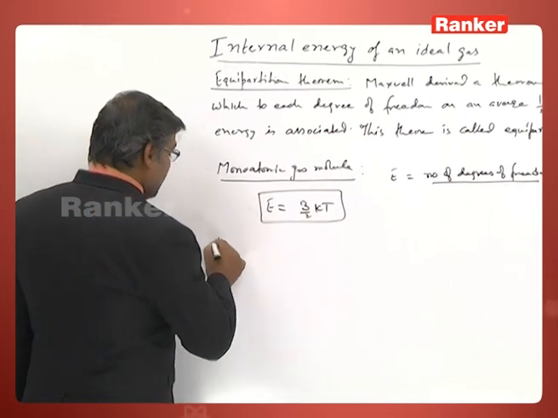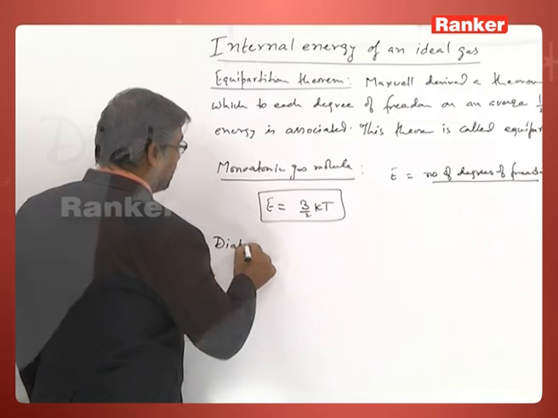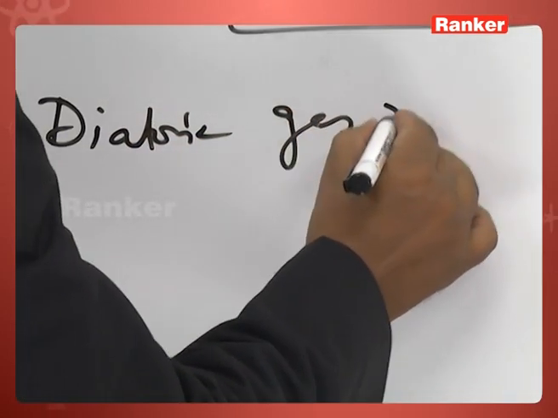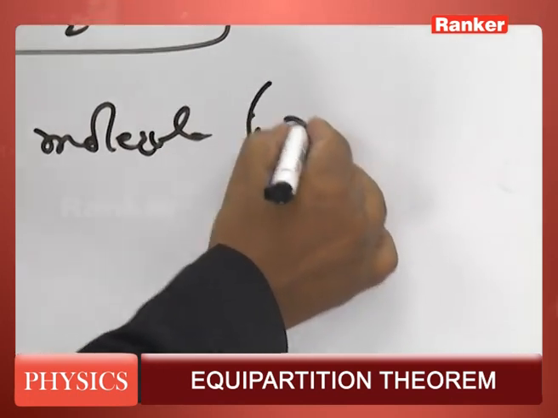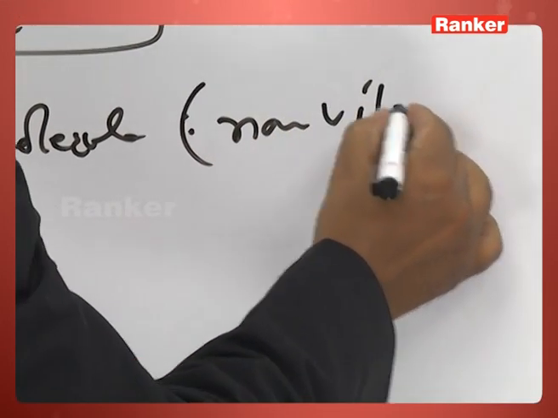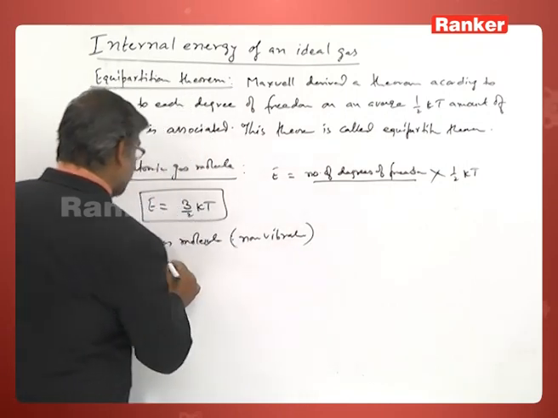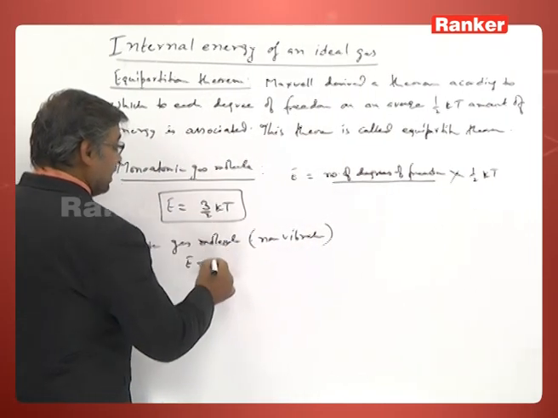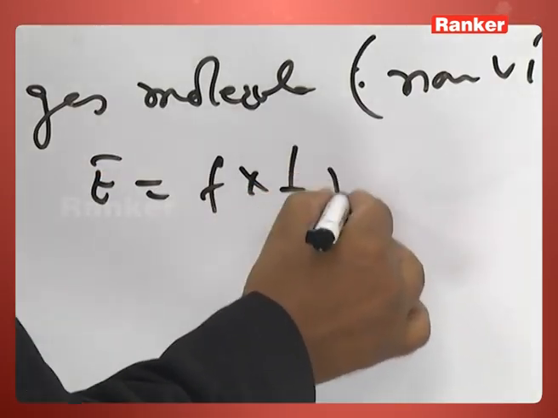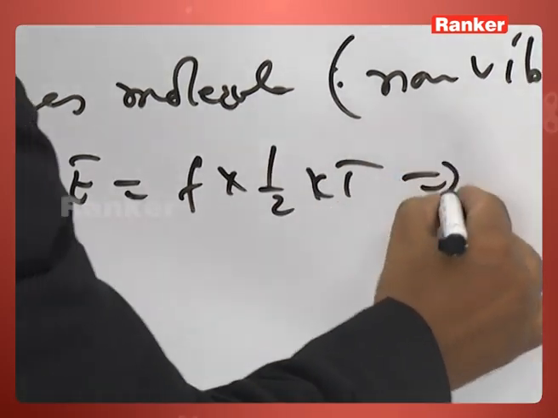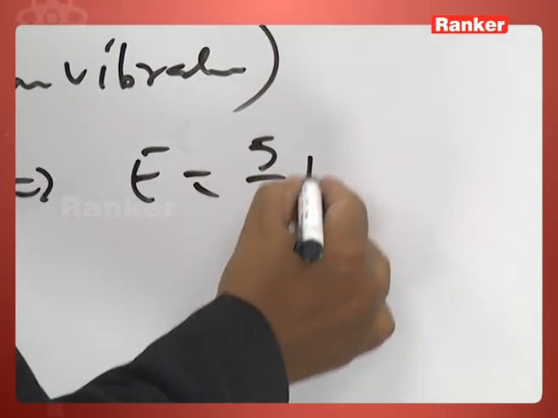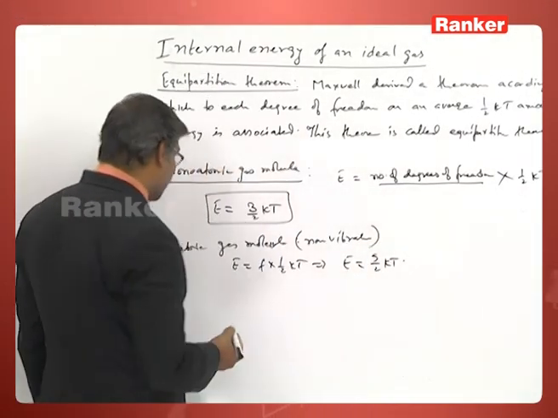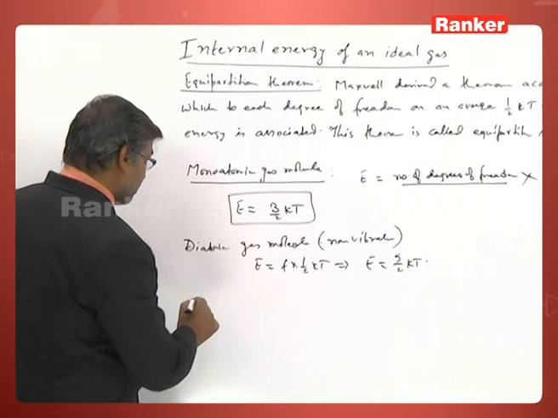For a diatomic gas molecule that is non-vibrating type, the energy will be equal to F into half kT. That implies the degrees of freedom is 5, so 5 by 2 kT. This is for a diatomic gas molecule.